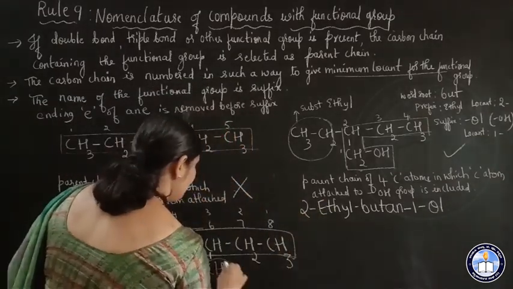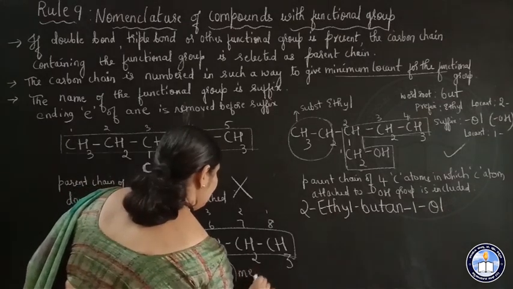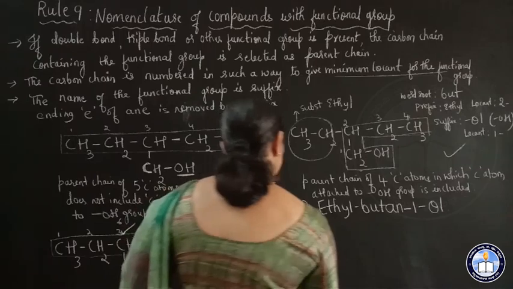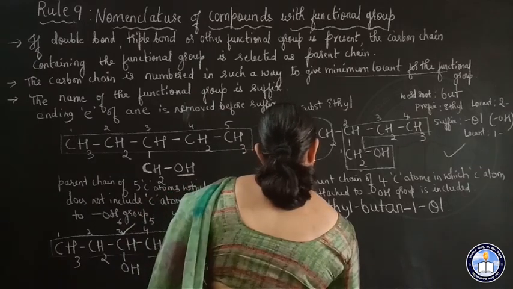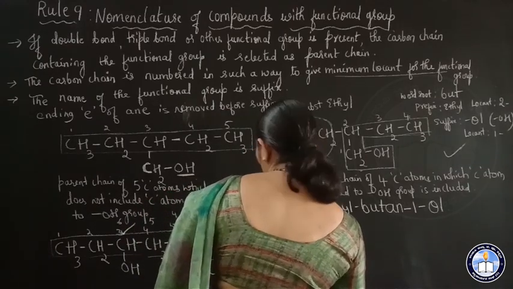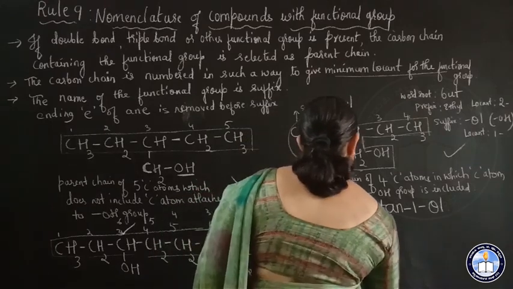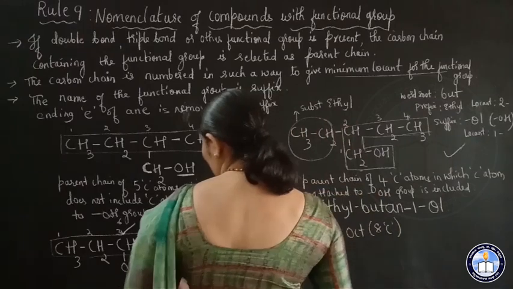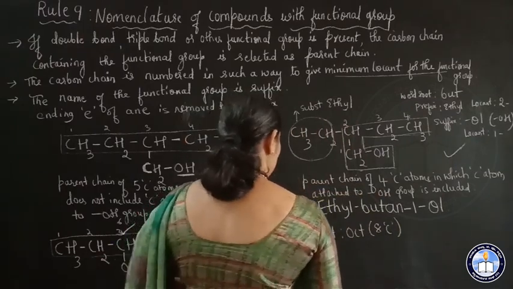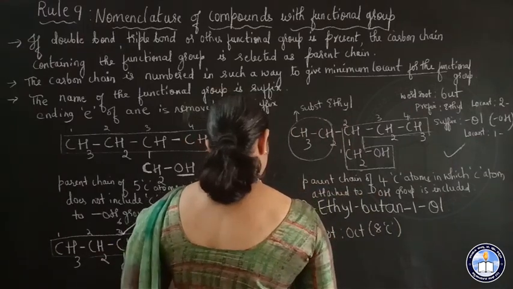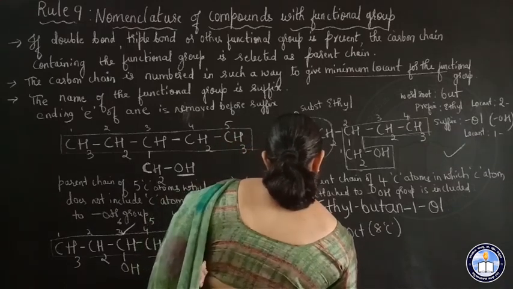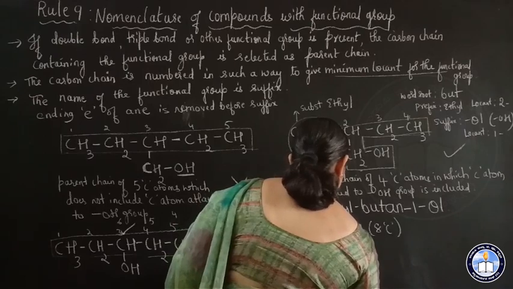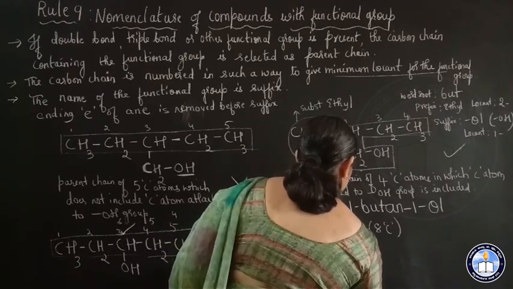Now this is the substituent CH3. Methyl is the substituent. So here the word root. In total how many carbon atoms? 8. So it is oct. 8 carbon atoms, and all are single bonds, so it is an alkane. Then the prefix: CH3, methyl is the prefix.